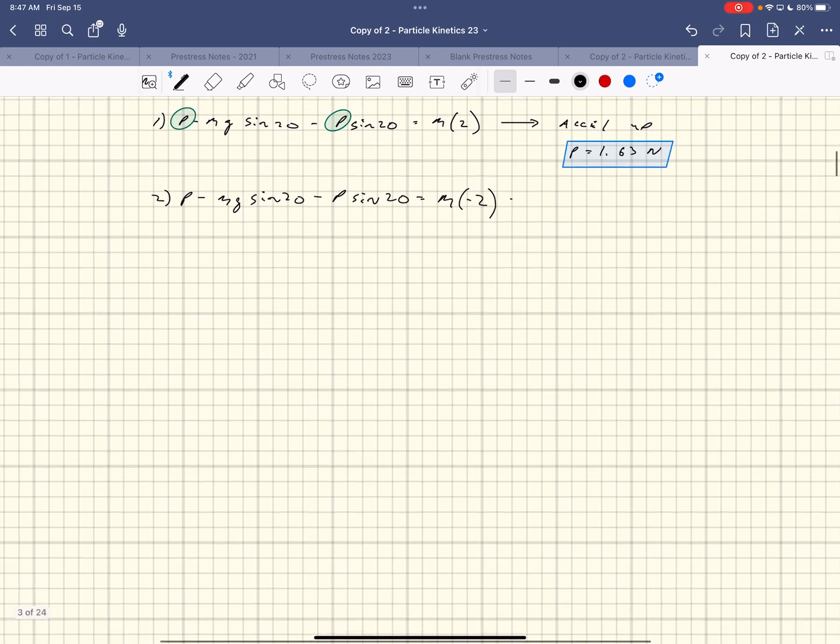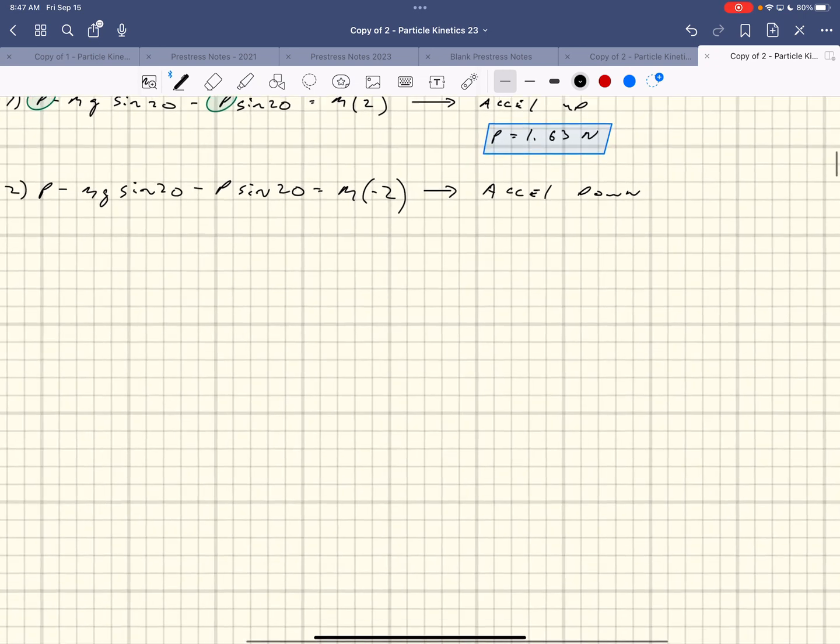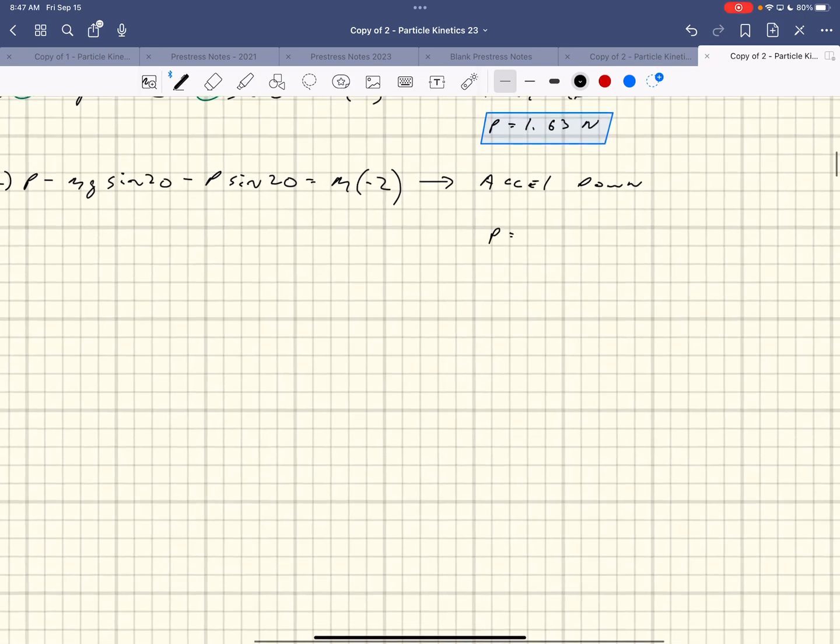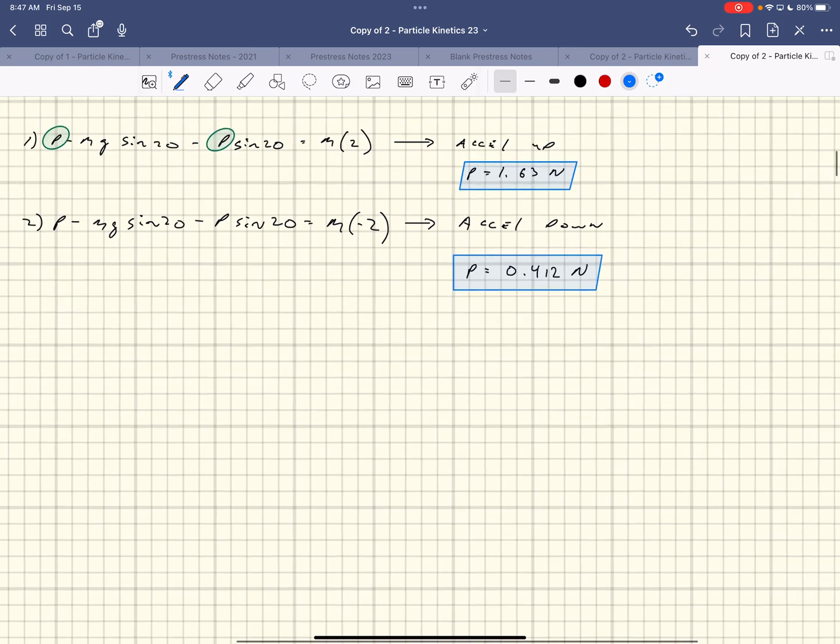And then accelerate down. And my P in this case ends up being equal to 0.412. Nailed it.